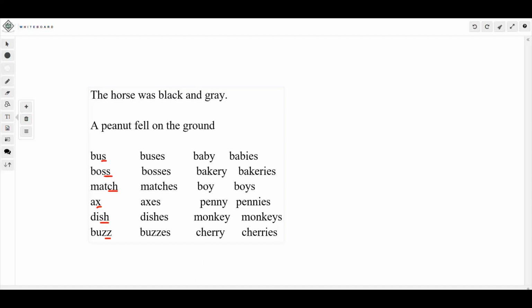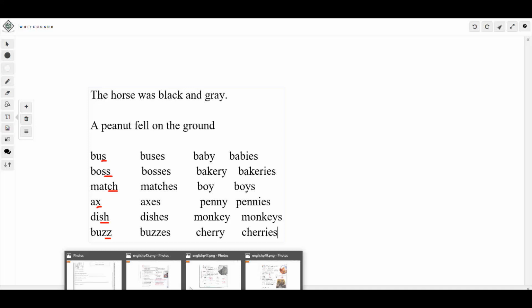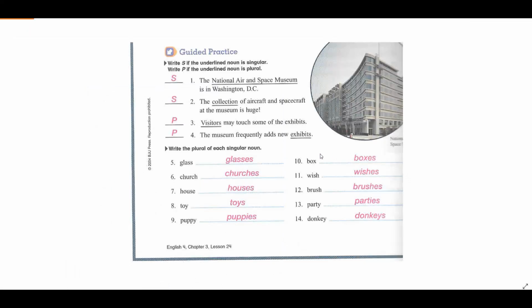All right, let me get the answer here for you then. I'd like for you to check these right down here and make sure you spelled them correctly. If you didn't, you can erase it and write it correctly or mark it out and write it correctly. All right, I hope you got a lot of those right.